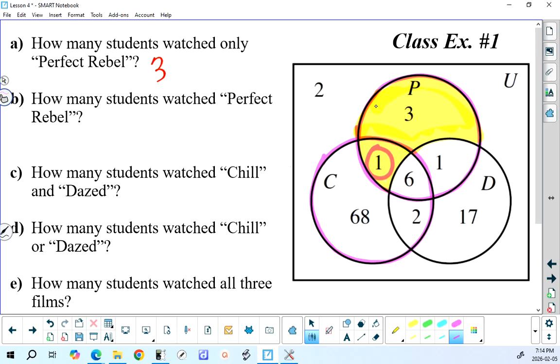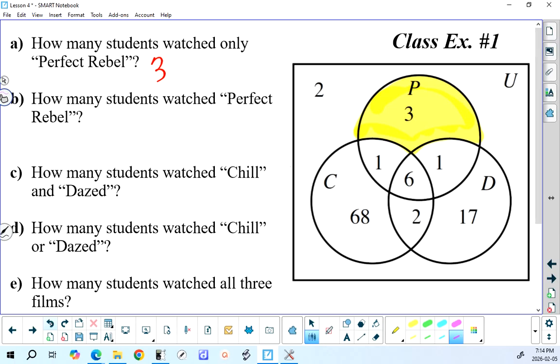And the question was, how many watched only Perfect Rebel? So we cannot include that one. We only include that region. So that region is only P.